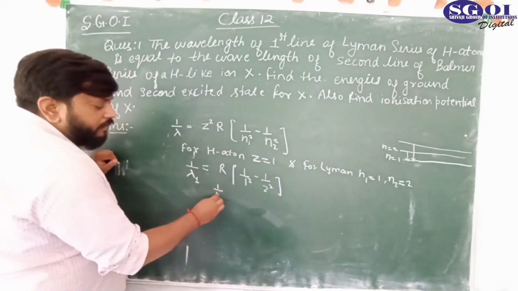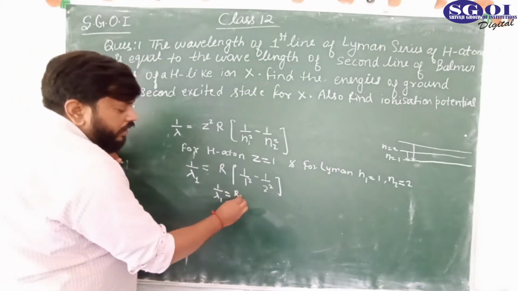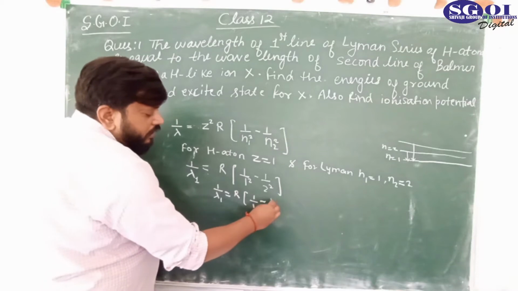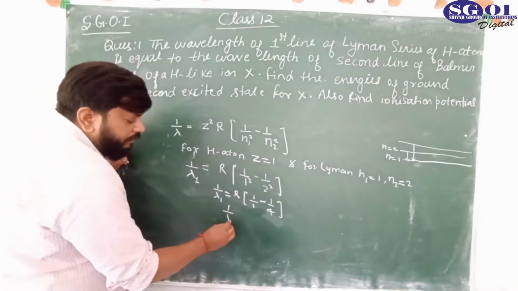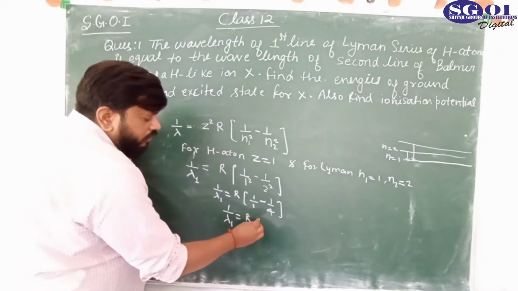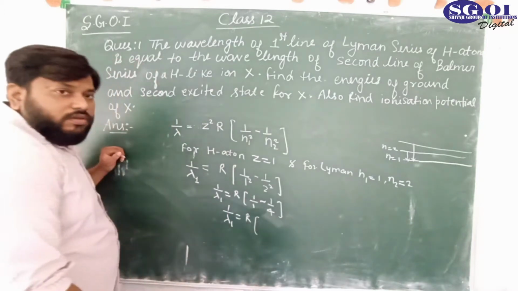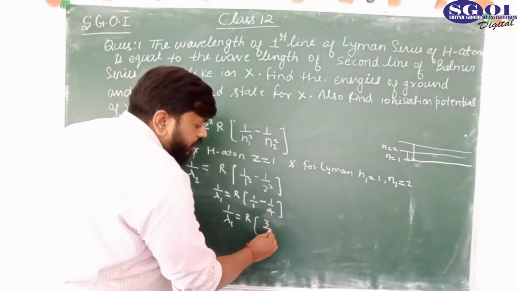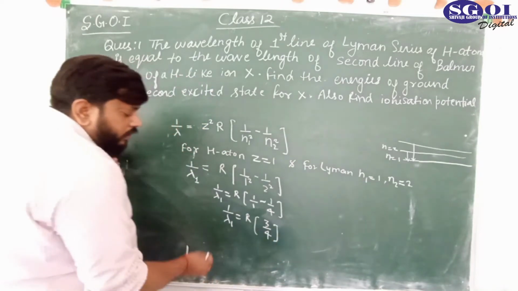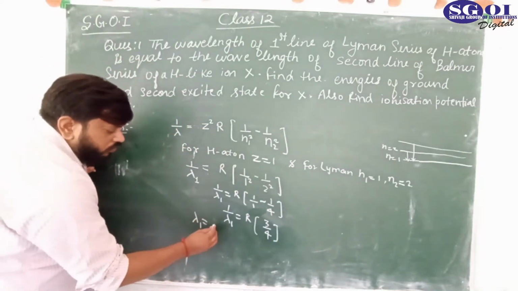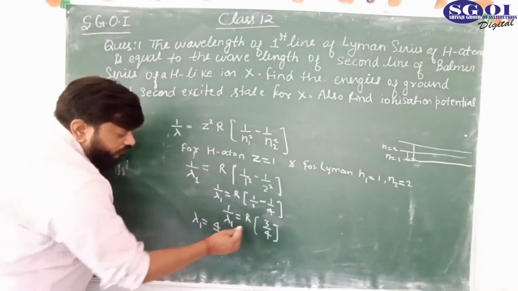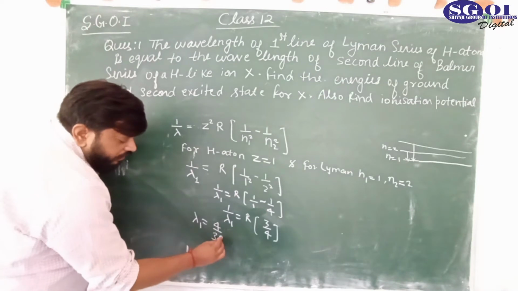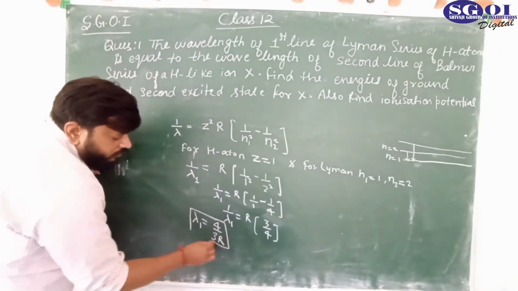So 1 by lambda 1 equal to R, 1 by 1 minus 1 by 4, which is R times 3 by 4. So lambda 1 equal to the reciprocal, 4 upon 3R. This is lambda 1.